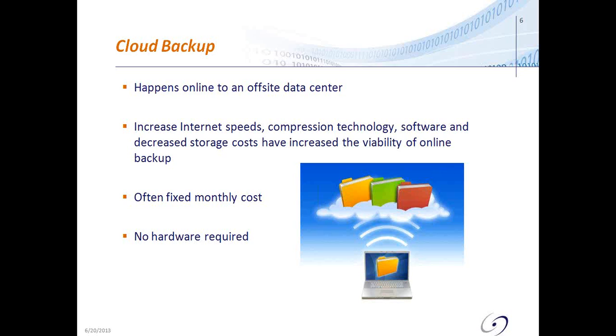Internet connections are a fraction of what they used to be. On top of that, storage costs are way down. We have faster drives holding larger amounts of data. Combine these two things, and cloud backup can be more affordable than it used to be.